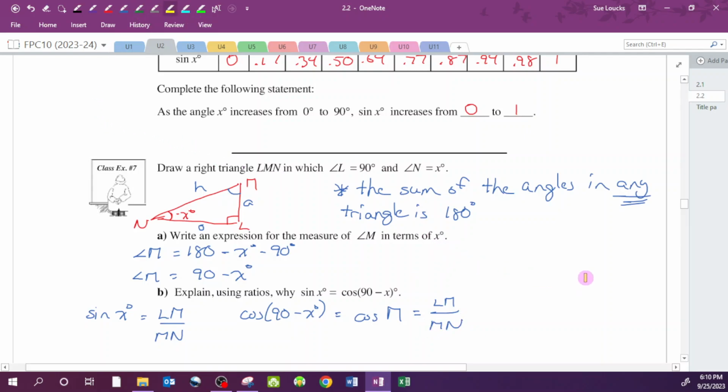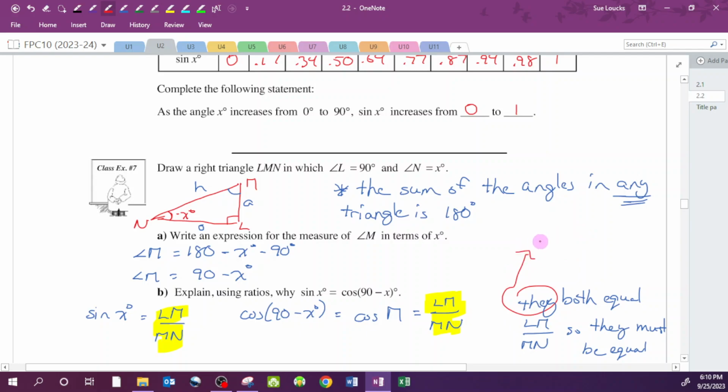And since they both equal LM over MN, they must be equal. And by they, I mean sine of X degrees and cosine of 90 minus X degrees.